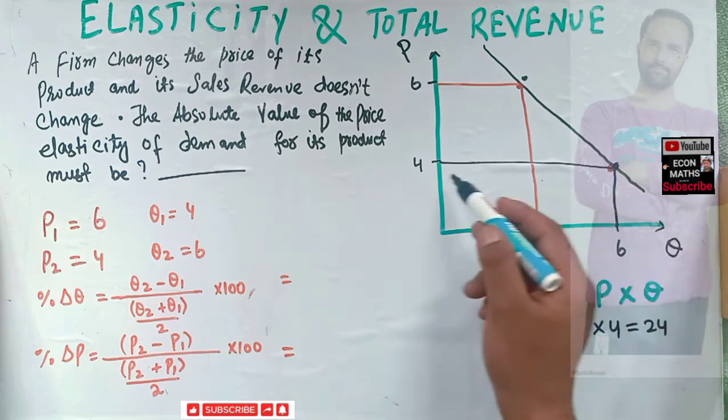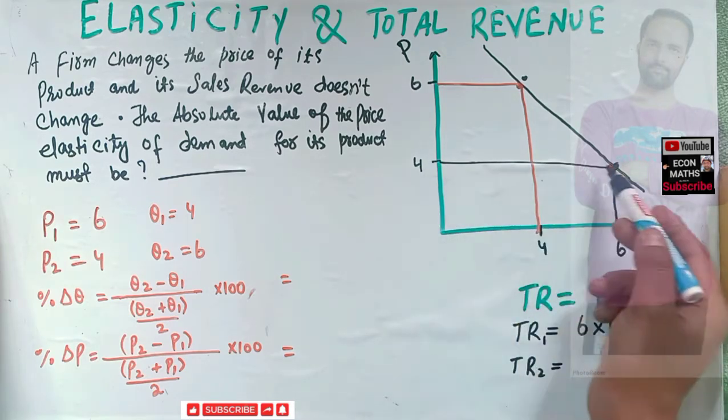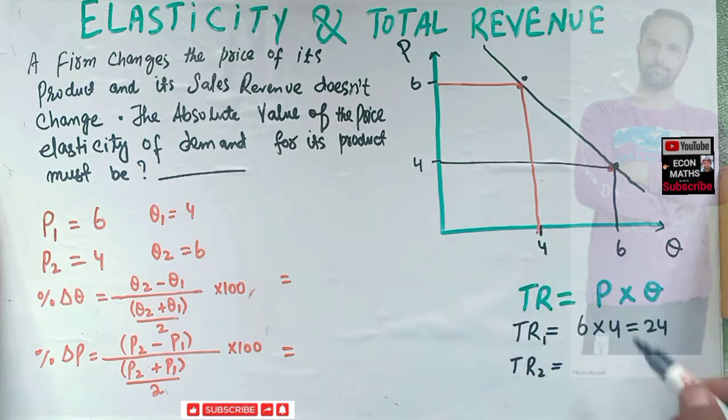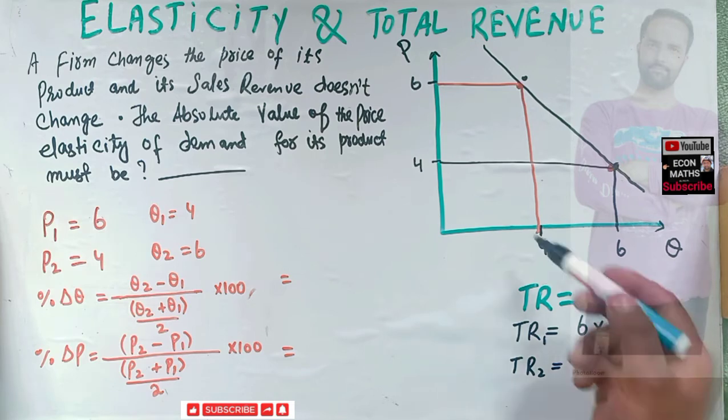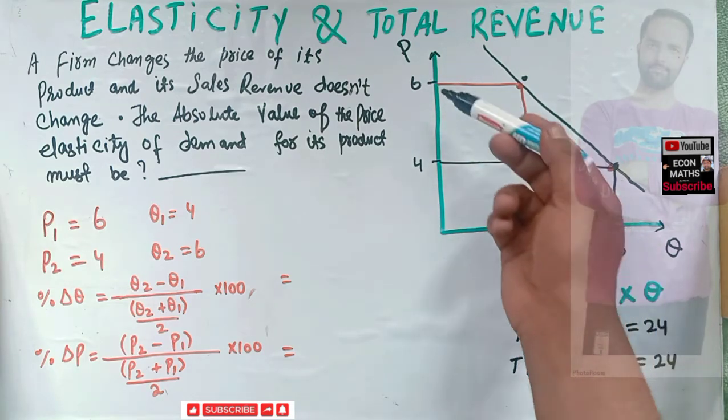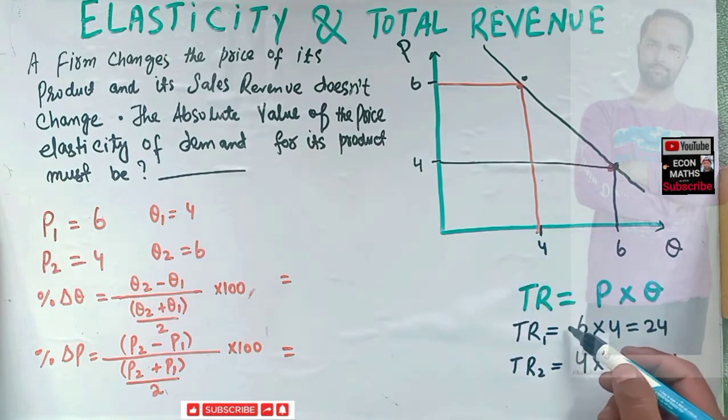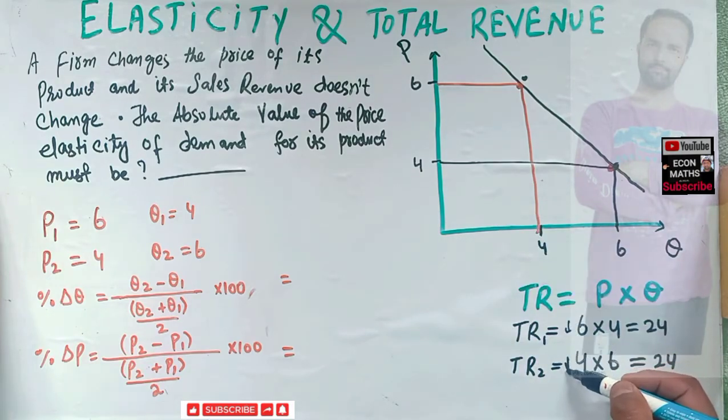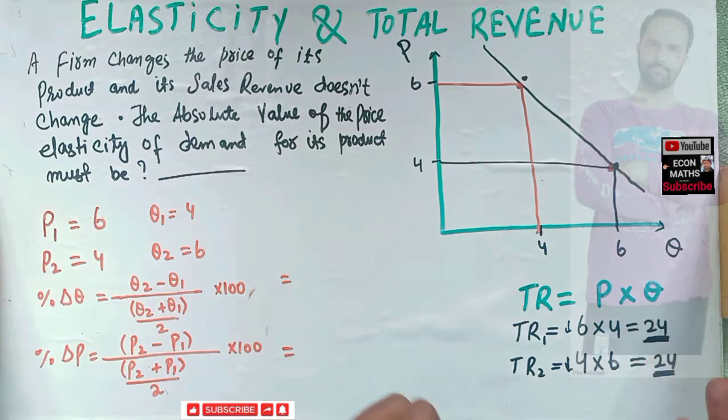When price decreased to 4, our total revenue was 4 into 6. So with the decrease in price from 6 to 4, our total revenue remained constant. There was no change in our total revenue.